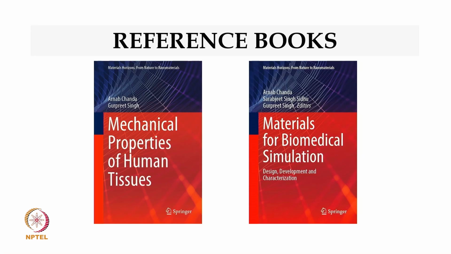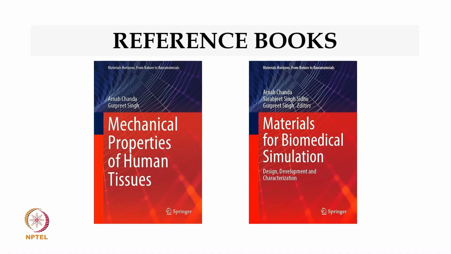Talking about the reference books, these are the two books which we are going to refer to as part of this course. The first is Mechanical Properties of Human Tissues. Here you will find the majority of the components which I am going to teach in this part of the course already outlined, and they are there for your disposal.